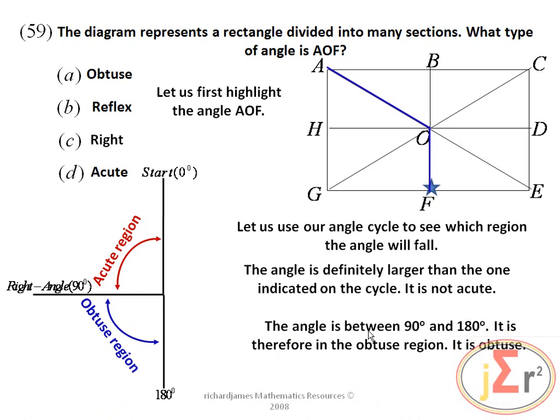Where is the obtuse region? The angle is between 90 degrees and 180 degrees. It is therefore in our obtuse region. It is obtuse. So the angle that we are looking at is an obtuse angle. The correct answer is option A. How do we know an obtuse angle? The angle is between 90 degrees and 180 degrees.